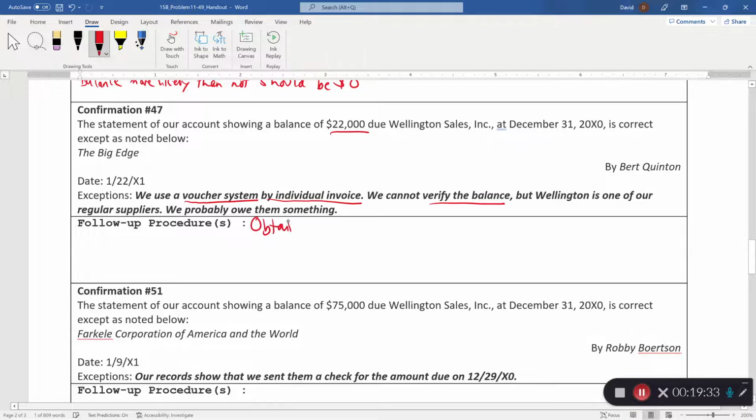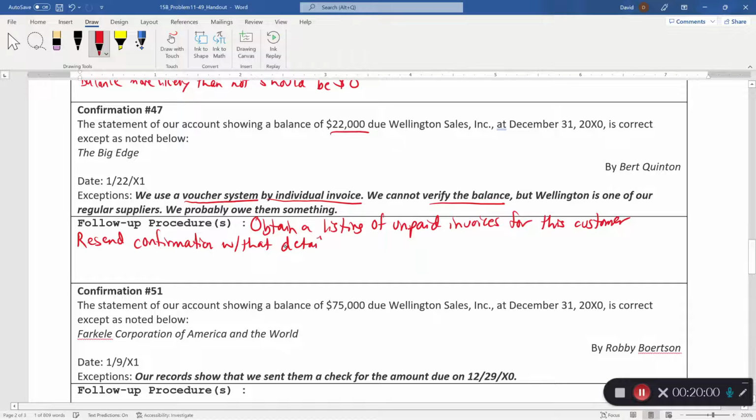We can obtain the listing of unpaid invoices for this customer, right? And then resend the confirmation with that detail, asking them to confirm, right?